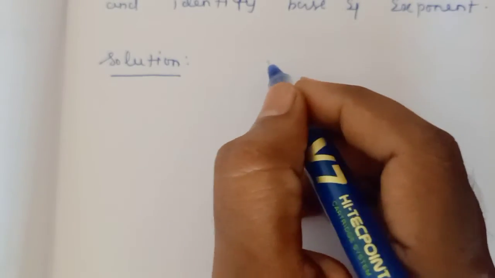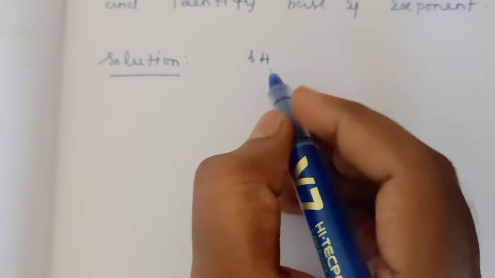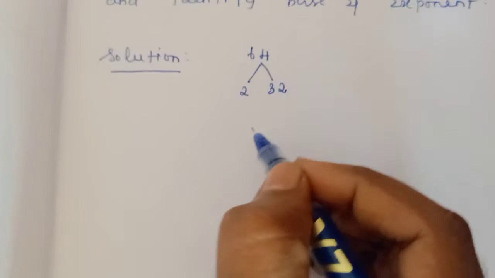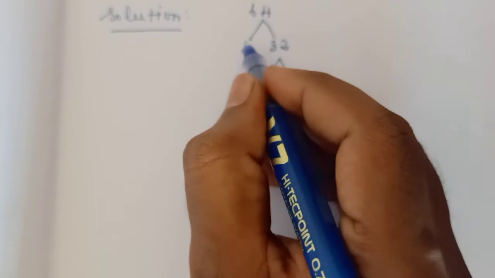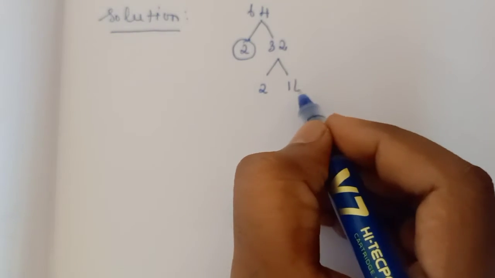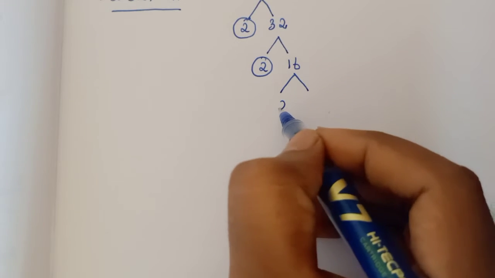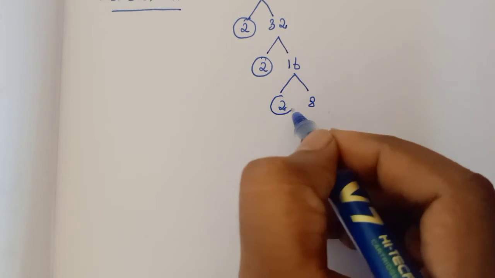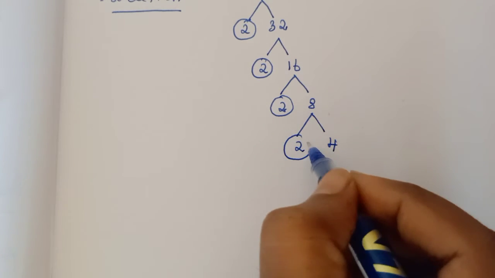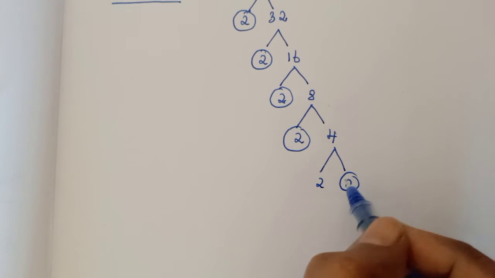Before we write the exponential form, I am going to split the 64 using prime numbers. So I split the 64, 2 into 32. Again I split, because here 2 is a prime, so no problem. I divide 32, 2 into 16. Again 16 is not a prime number, so again I split 2 into 8. Again I split 8, 2 into 4. Again I split the 4, 2 into 2.